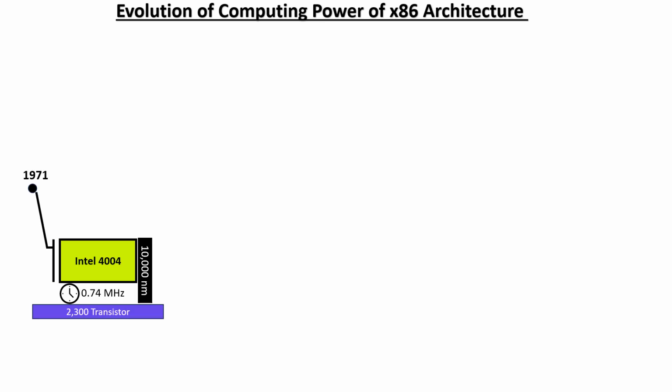It actually started in 1971 when Intel launched their processor 4004, and this central processing unit had 2300 transistors embedded, and the clock speed was around 0.74 megahertz, and the size of placement of these transistors is around 10,000 nanometers.